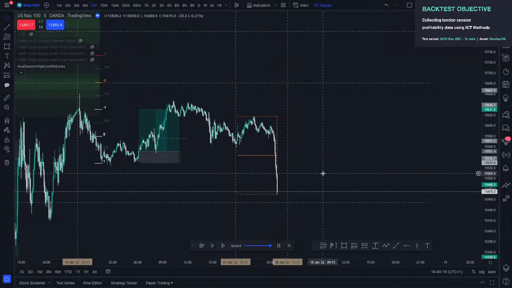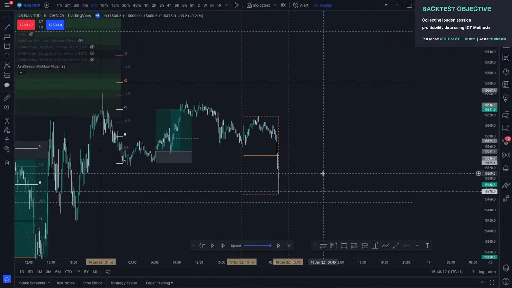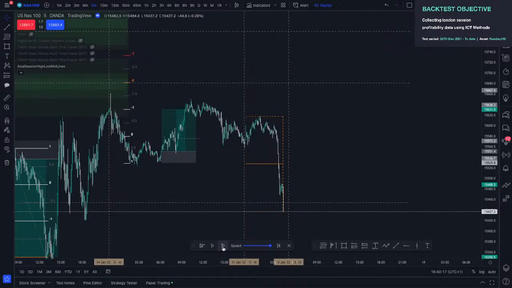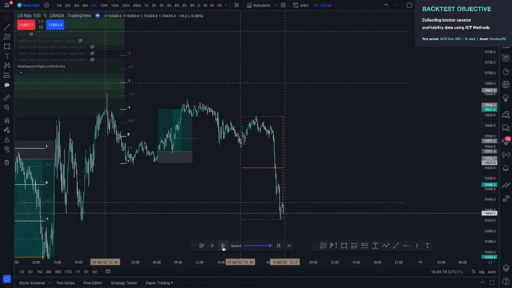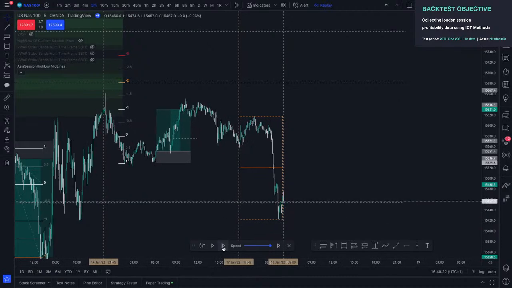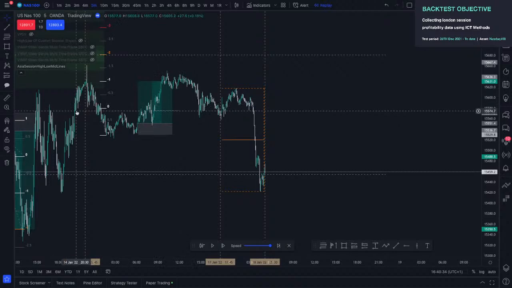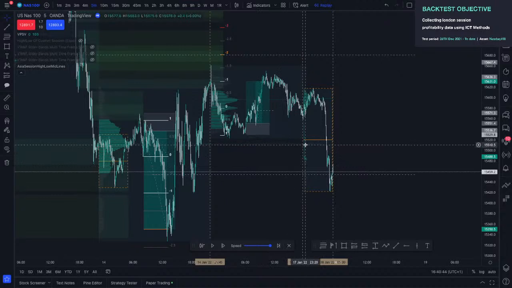There you go. Damn. 5 in the morning. Now this is the part where I'm going to need my volume profile. So we have this entire area here, and we have this POC.